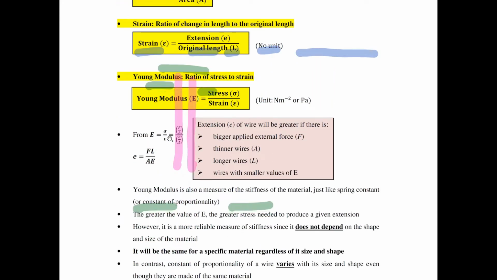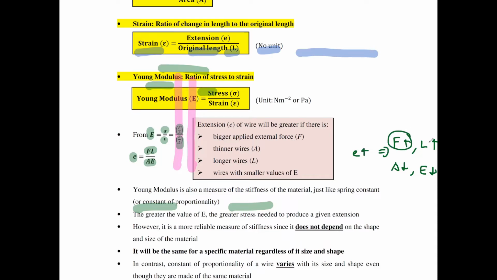You see, if Young's modulus is defined as stress over strain, and stress is force over area, and strain is extension over length, extension is in turn equal to FL over AE. If you want to have large extension, F must be large, L must be large, A must be small, and E must be small.